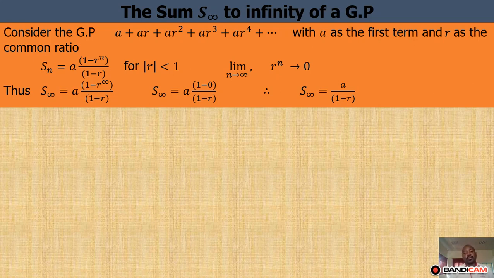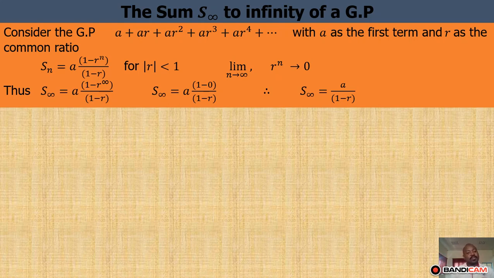tends to 0. Here we need to note that R is less than 1, or R is a fraction. So if n is very big and you get this fraction to power that big value of n, then the expression tends to 0. Therefore, R to power infinity in this case is equal to 0.